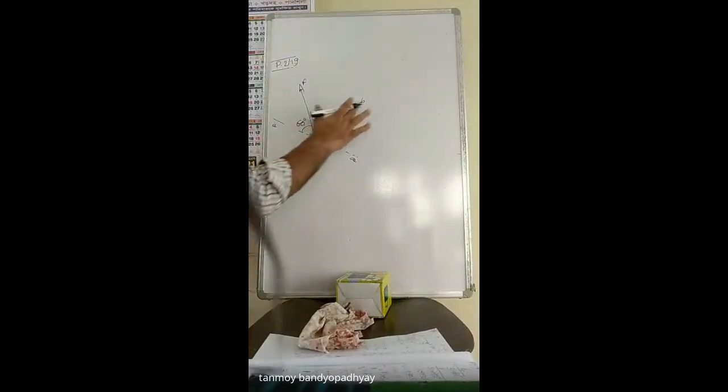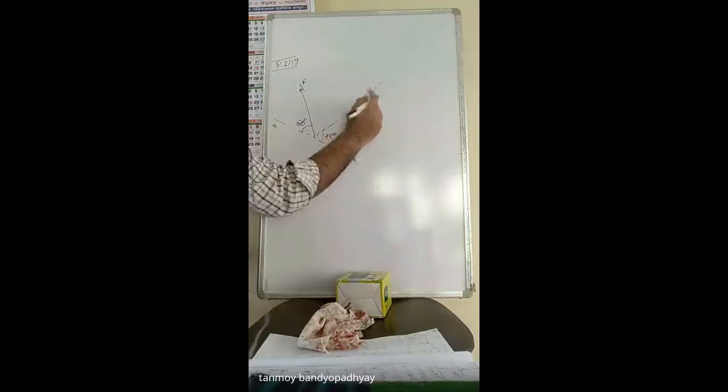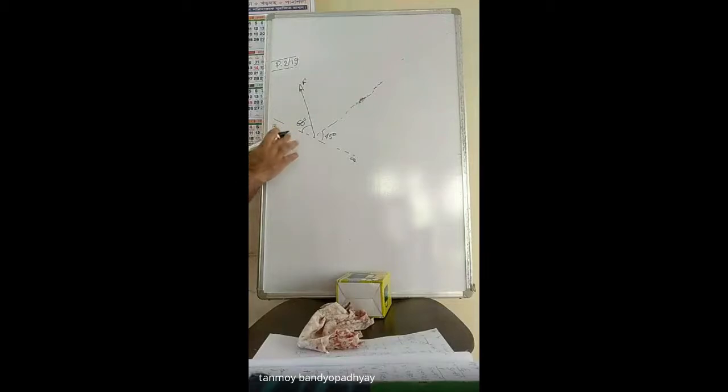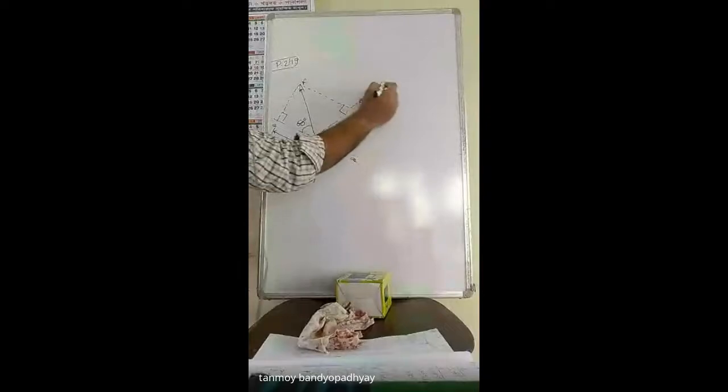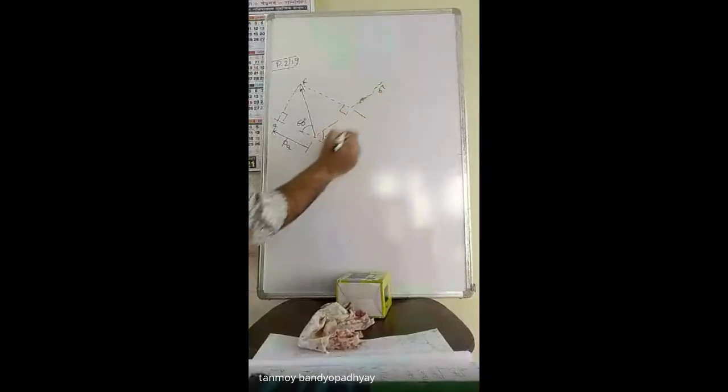So এইখানে, so now let us do it by the easier way first. So if I am supposed to find out the projection of this force on the oblique axis A, তো আমি কি করব? এইখান থেকে I have to draw one perpendicular. So I am drawing one perpendicular. So this length is actually PA. Similarly, from F, you draw a perpendicular on the B axis. So this will be PB.